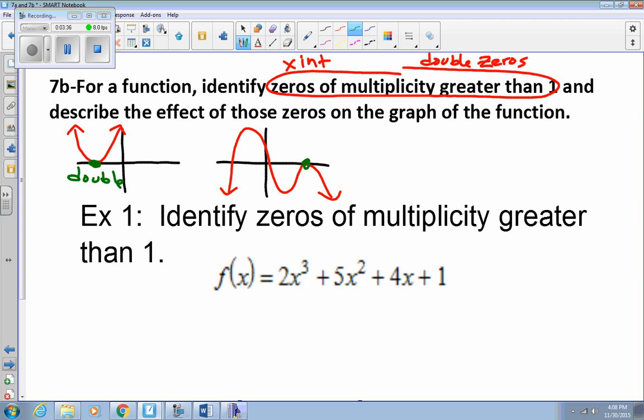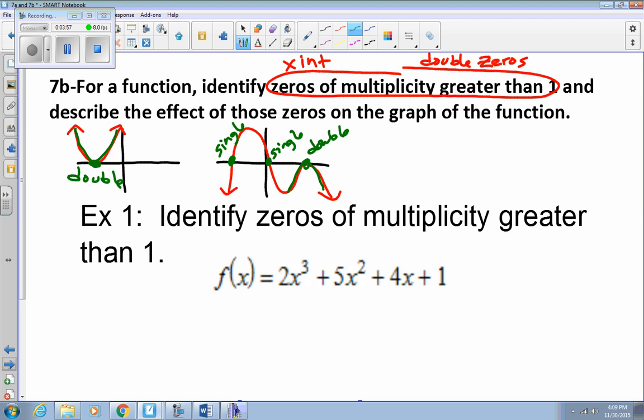This is the only one that we count double, twice. This one here is a single. There's only 1 solution there. And this is another single solution. But when the graph comes up, hits the x-axis and goes back down, or comes down, hits the x-axis and goes back up, those are known as double solutions.